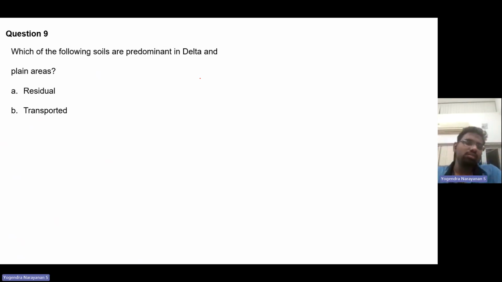Hence, there will be deposition of soils or the broken down rocks carried by them from their point of origin, which settle at these positions due to their lesser velocity.